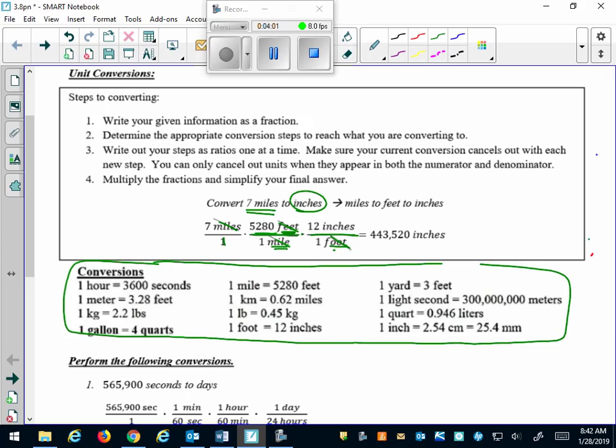And the conversion is 12 inches to 1 foot. So we end up with this multiplication, 7 times 5,280 times 12 on the top, and then 1 times 1 times 1 on the bottom is just 1, which leaves us with 443,520 inches in 7 miles.